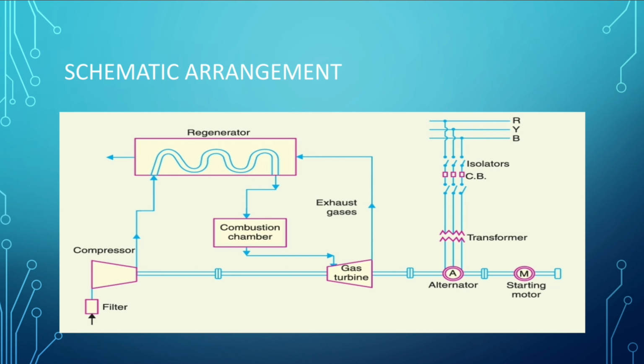The addition of heat is done to the compressed air in order to increase its temperature, and that is done by burning of fuel or an air heater. The compressed and heated air is fed to the gas turbine and is converted into mechanical energy. Using an alternator, the mechanical energy is converted into electrical energy.